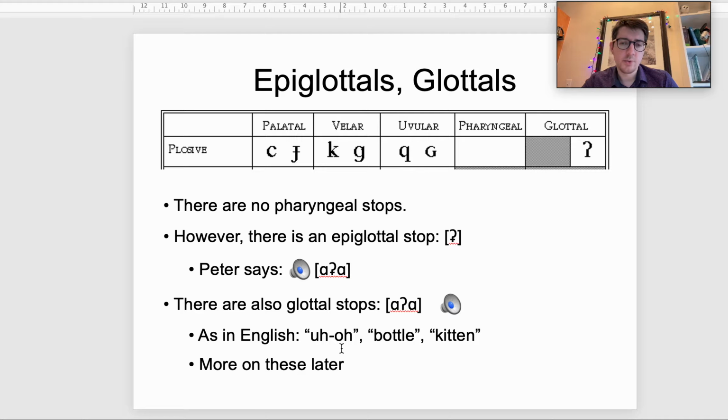And sometimes you have a glottal stop in words such as ball, kitten, kin, if you are speaking that variety of English. I'll focus on these later. But yes, glottal stops are produced with vocal folds squeezed, and they are quite common in languages around the world.